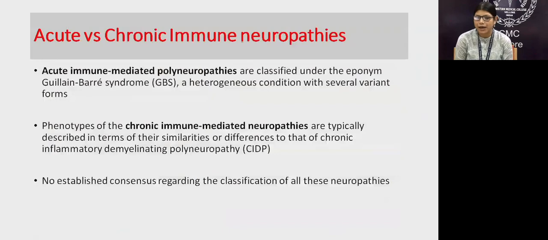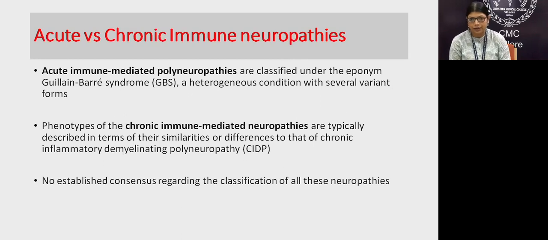So with this background knowledge on neuropathies, we'll talk about the immune-mediated neuropathies. Now, the immune-mediated neuropathies are broadly classified into acute versus chronic, because they have management importance, because management differs in both groups of disorders. So acute immune-mediated polyneuropathies are classified under the eponym of GBS, which is a heterogeneous condition and has several variant forms.